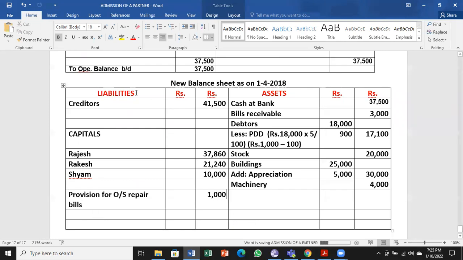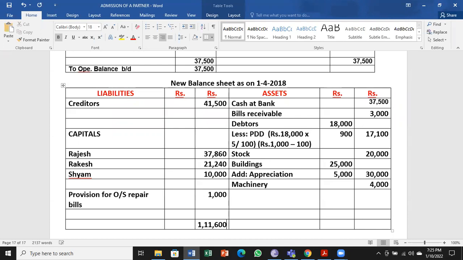It comes on the liability side of the balance sheet. You can go for totaling and check it out, right or wrong. That tells you whether you have done it right or wrong.